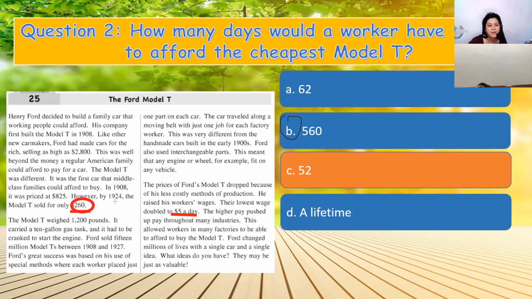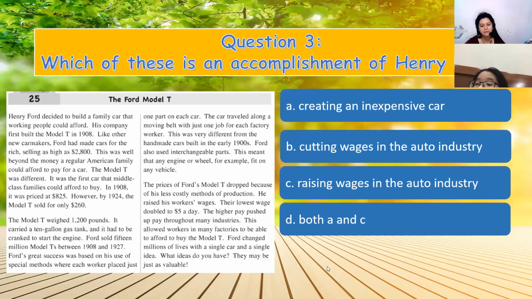Try to multiply the 52 by $5 because their salary is $5 a day. That's why 52 times $5, they can buy the Model T car. That's why 52 is the correct answer. Now, let's proceed to question number 3.